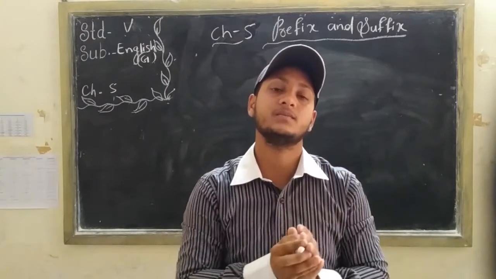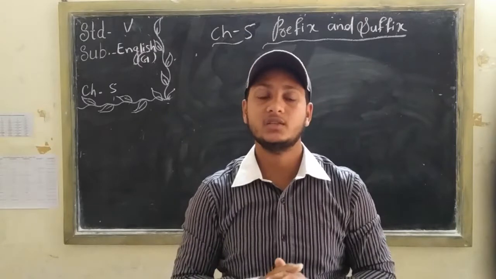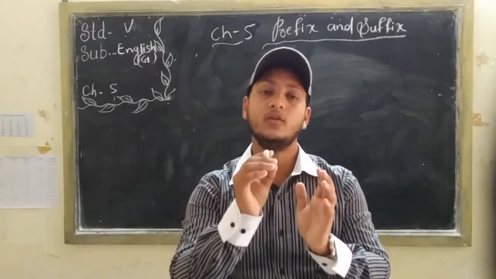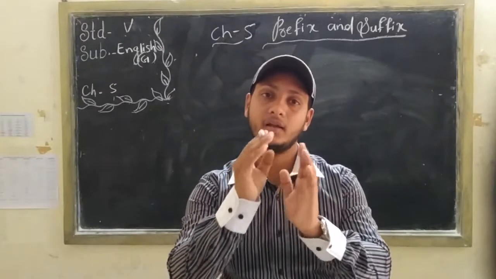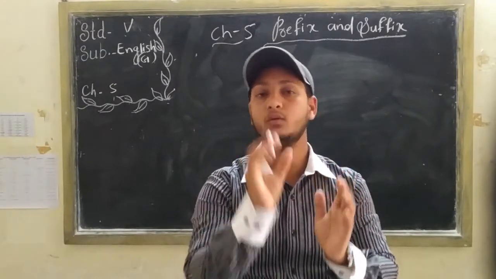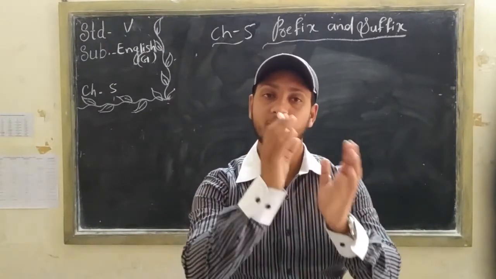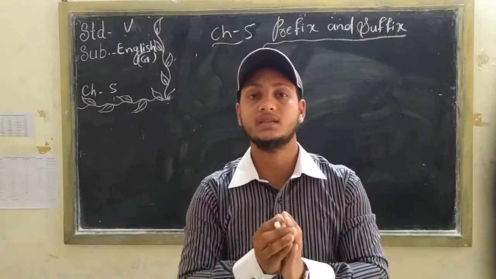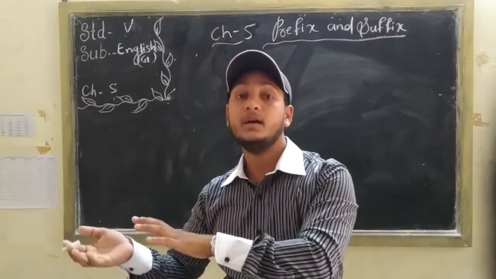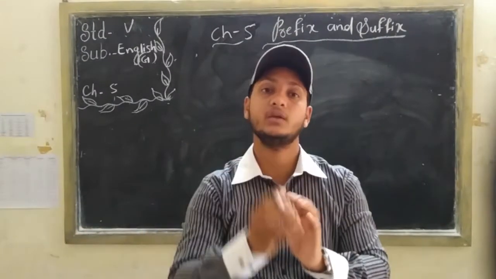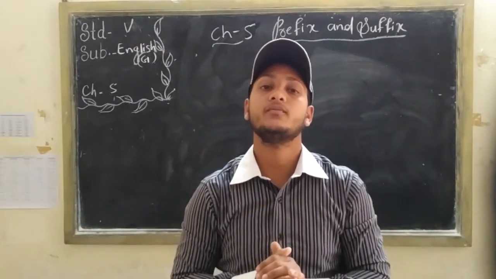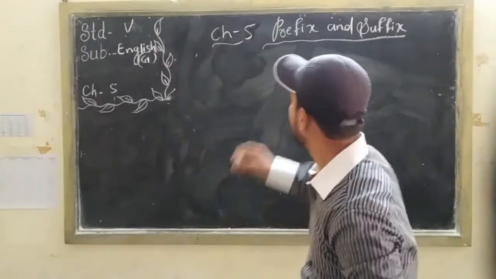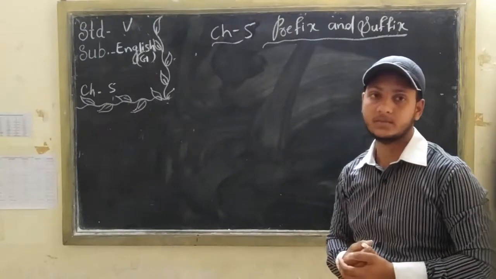A group of letters added at the beginning of a primary word is called a prefix, and a group of letters added at the end of the primary word is known as a suffix.